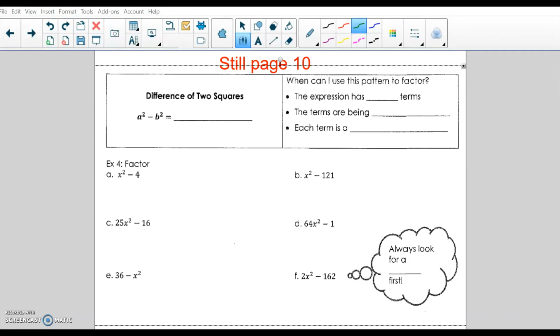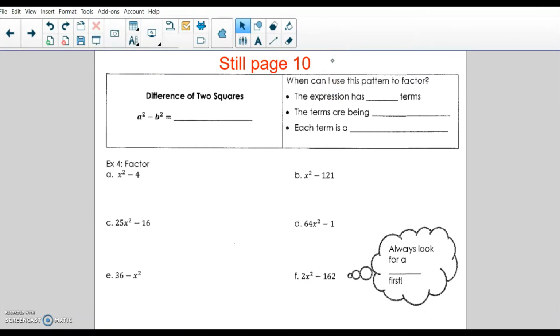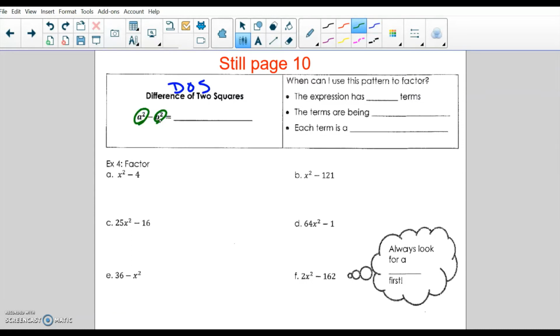Okay, now let's look at the difference of two squares. What you'll see in my class is that I will abbreviate this as DOS. Okay? So the difference of two squares. Your first term and your second term will both be perfect squares, and you have a subtraction in the middle. Now, the difference of two squares tells you exactly that.